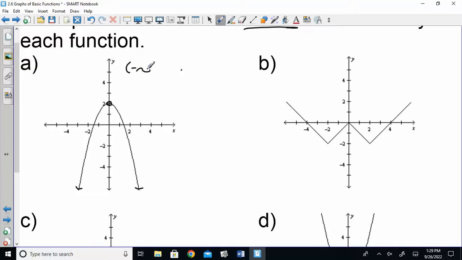So it's coming from negative infinity, stopping when we get to 0, because we want the x value at that point. It gets a parenthesis because it's not continuous at 0. And then it picks up again at 0 and goes forever. So that's just another way of saying it's continuous everywhere except when x equals 0.